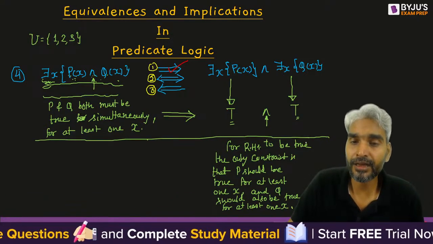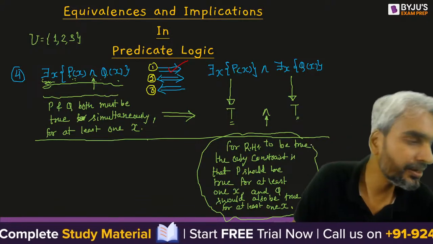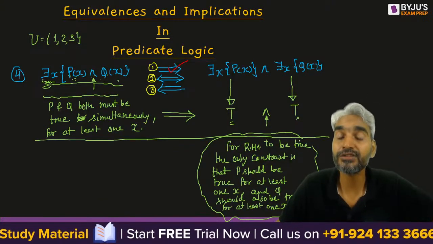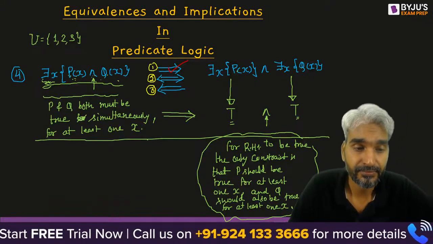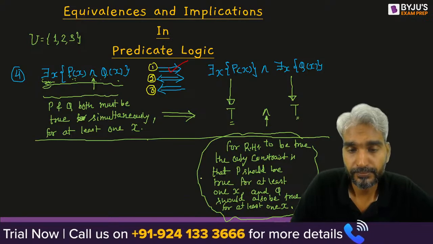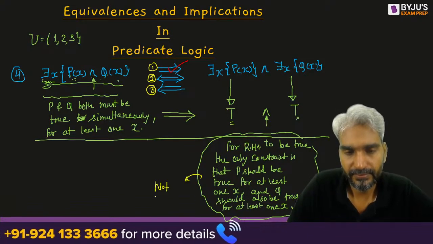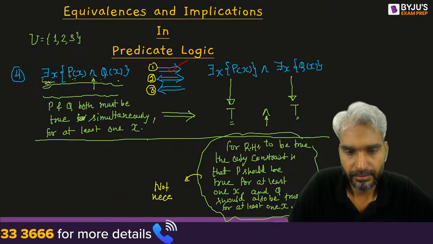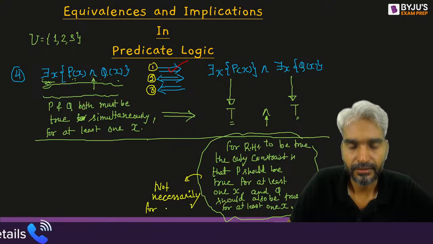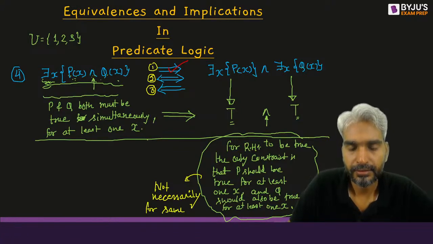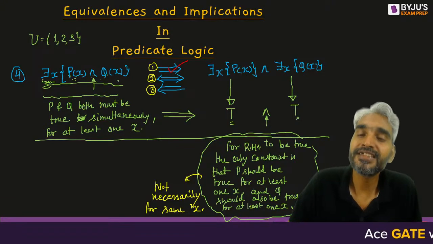Now the thing which you need to understand is that P should be true for at least one x and Q should be true for at least one x, but not necessarily for the same x. Yes or no? Not necessarily for the same x.